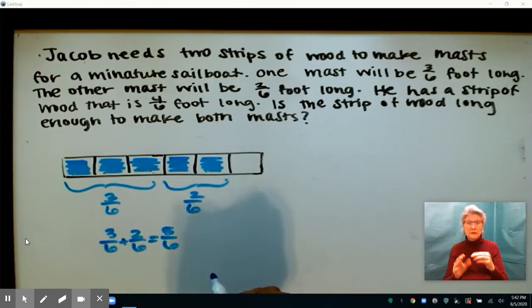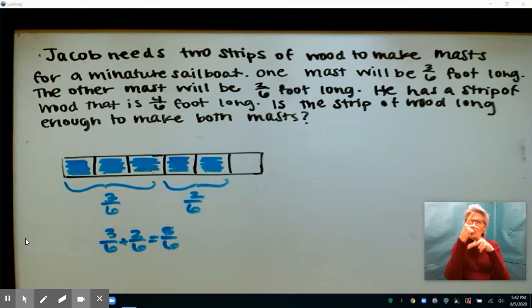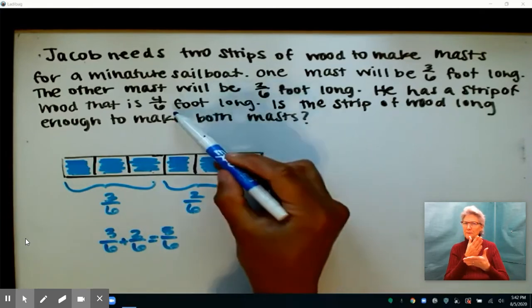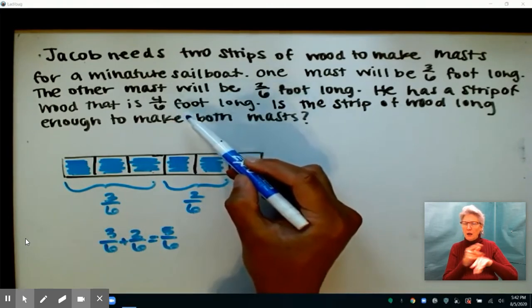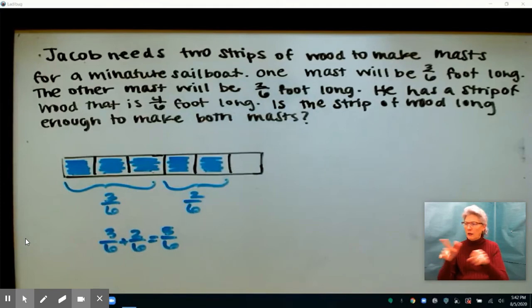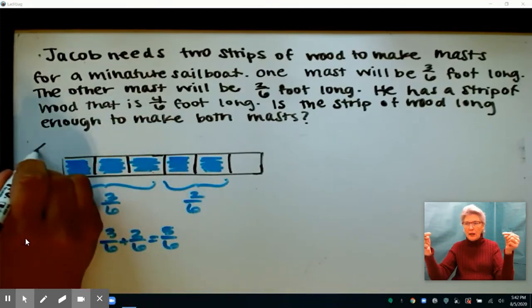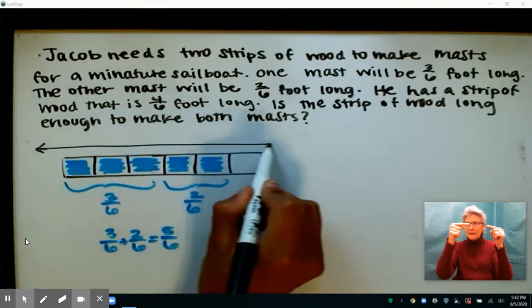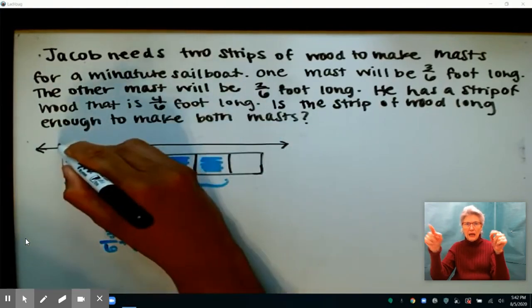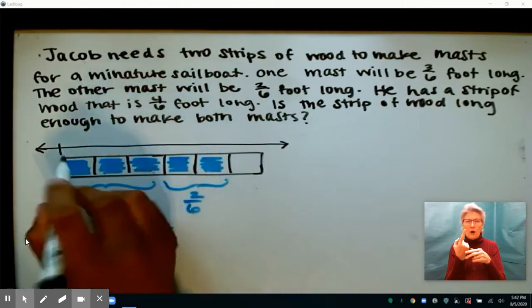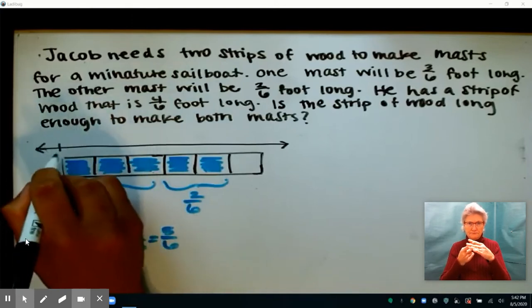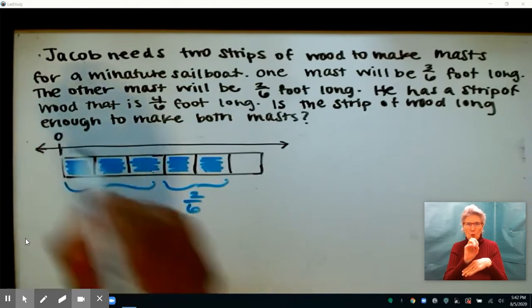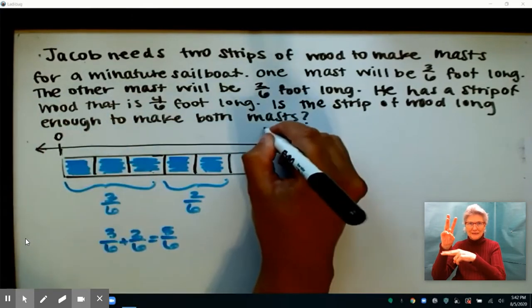Now I need to figure out if that 4/6 piece of wood is long enough for what he needs. Is it enough? I can do that by drawing myself a quick number line above my bar model. I'm going to do that by drawing a line across the top. And I know that over here where my rectangle starts, this would be 0, and where it ends over here would be 1 whole.